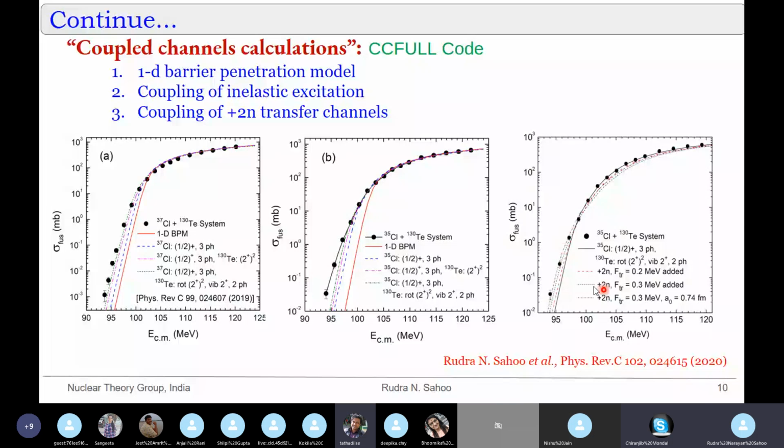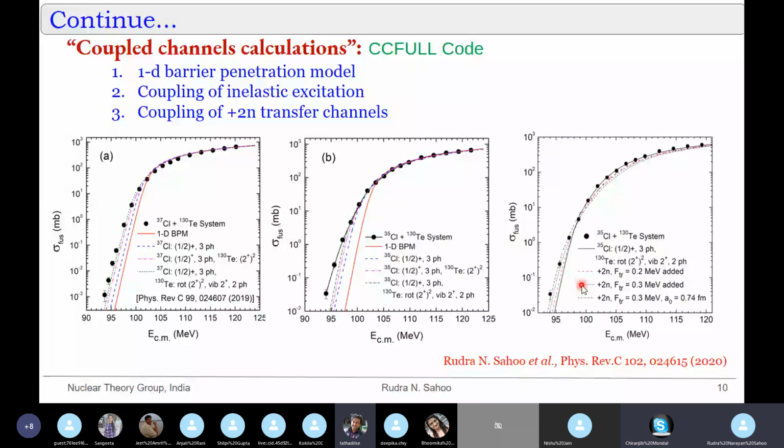The theoretical calculation is done only to show that the positive Q-value neutron transfer channel has an effect. But this is not strong evidence for our experimental observation. It is only to show this.